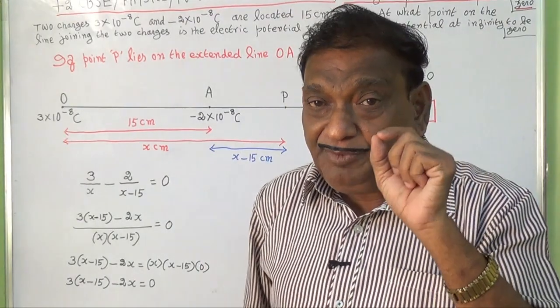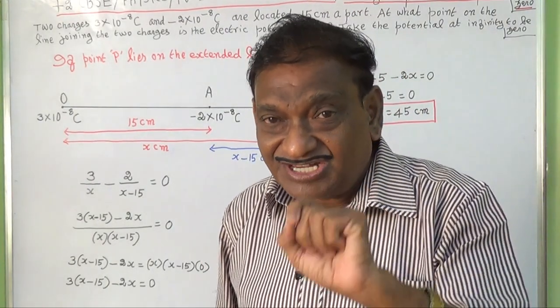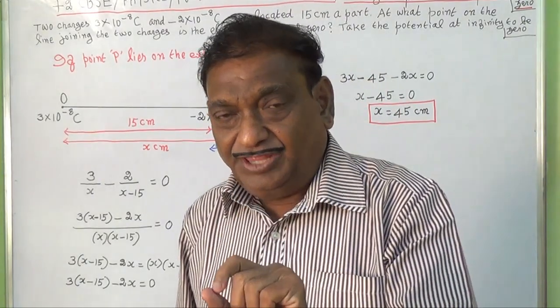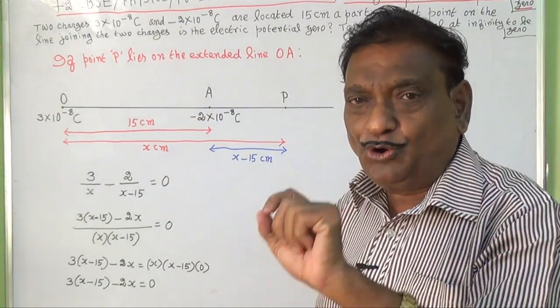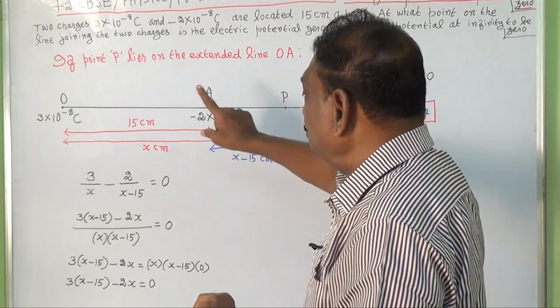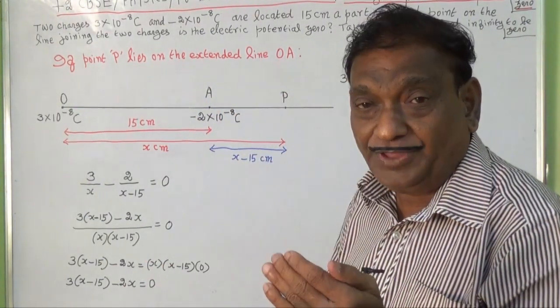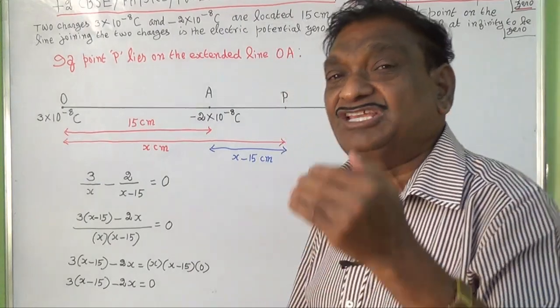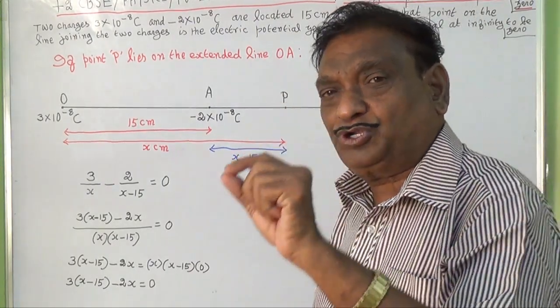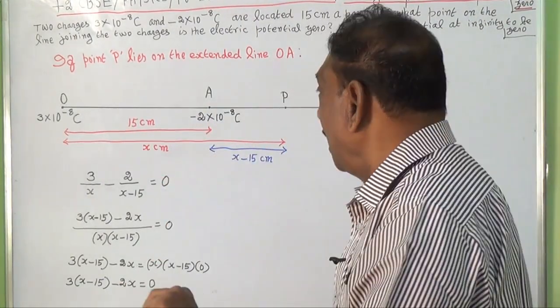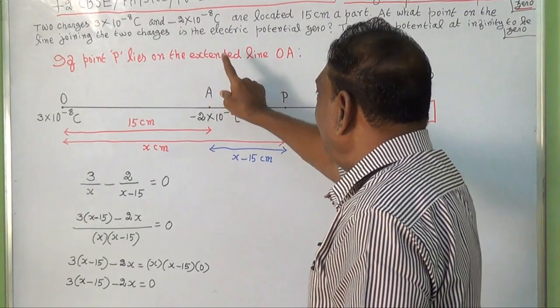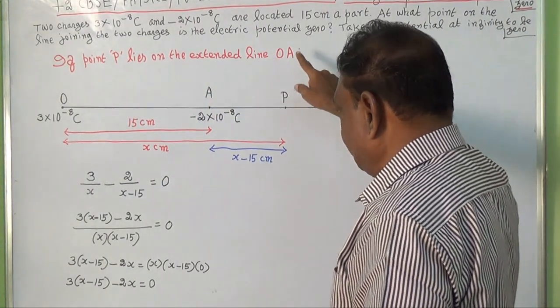Now we have determined the distance at which the potential will be 0 between the given two charges. We can also determine the distance at which the potential will be 0 on the extended line OA.